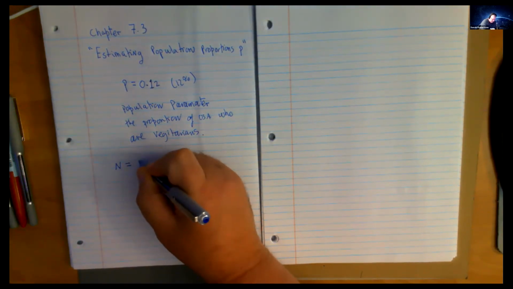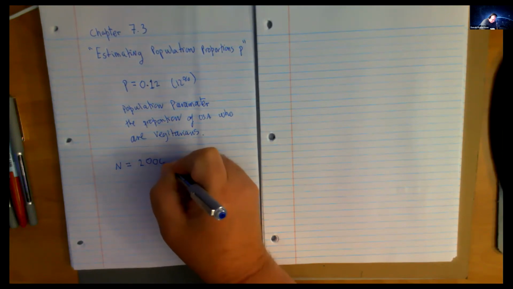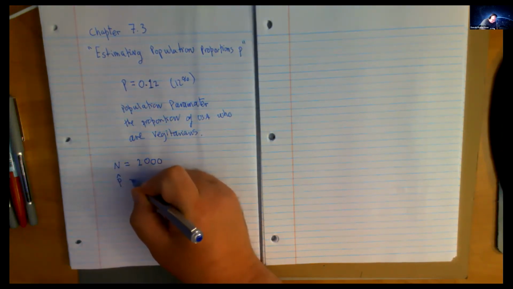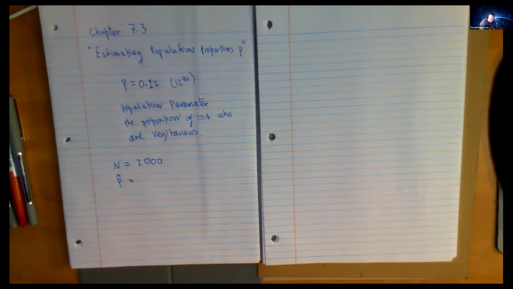So imagine I asked 2,000 Americans, a nice good random sample of old and young and male and female and rich and poor and usual, right? A good representation of Americans, right? And p hat is going to represent how many of them said yes.